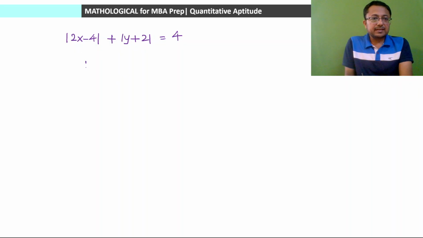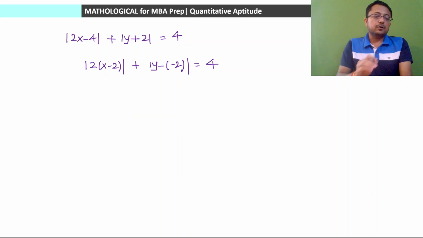We can also write this graph as mod of 2 times (x minus 2) plus mod of y minus minus 2, यानी कि distance of y from minus 2, and the sum is equal to 4. So this time we are taking distance of x from 2 and distance of y from minus 2.